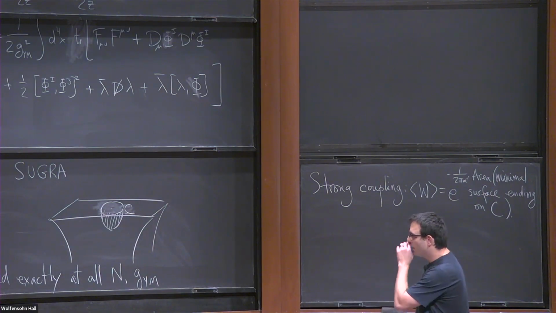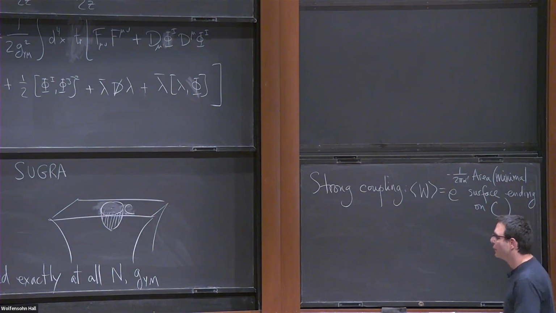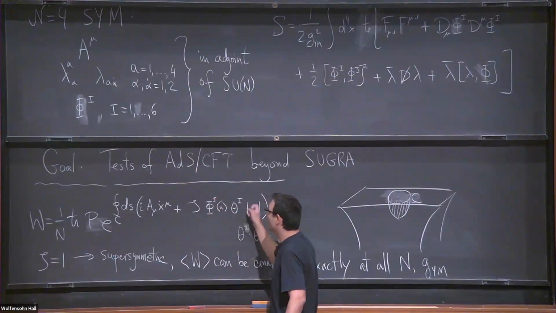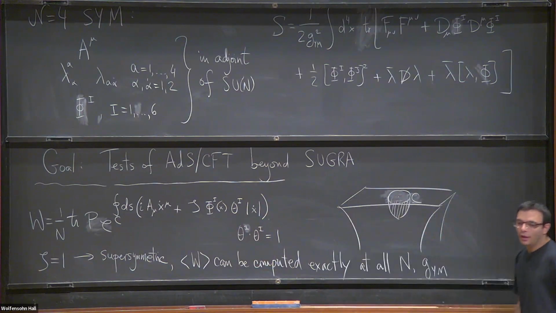I didn't want to get into all those details, but you can think about this as the Wilson loop with zeta equals 0, and then turning on zeta is like turning on an operator that's located on the Wilson loop. And then there's a flow of that coupling zeta. I have to find the fixed points. The fixed points are zeta equals 0 and zeta equals 1, at strong coupling.